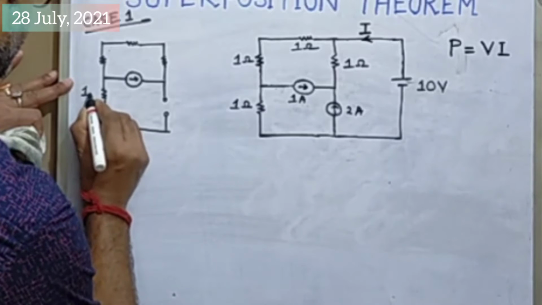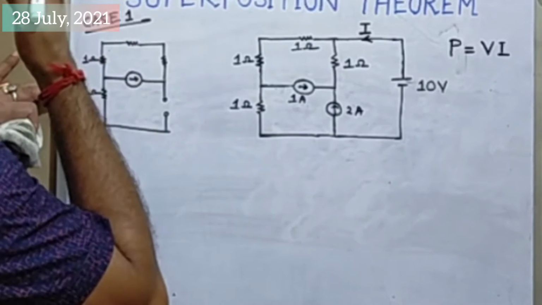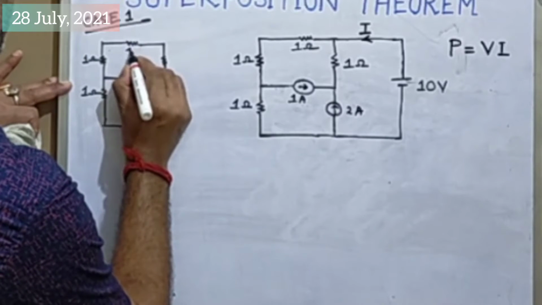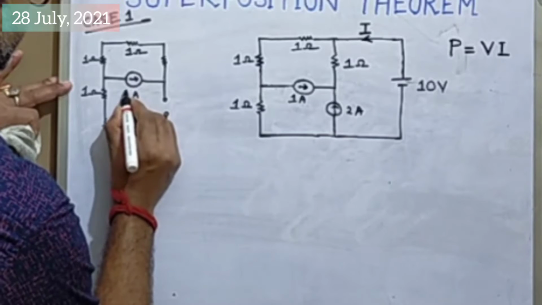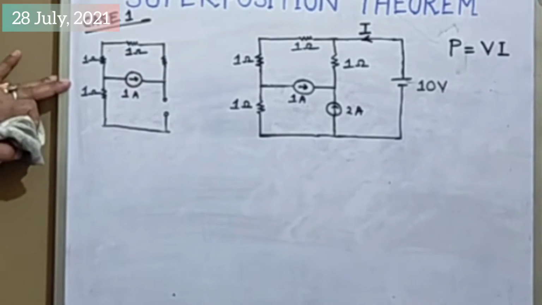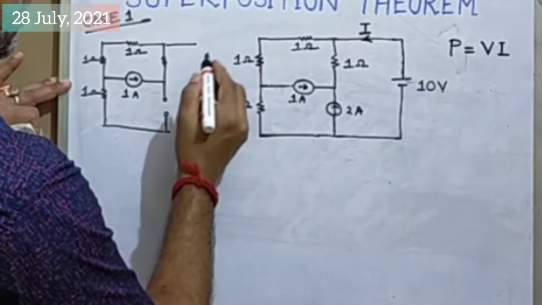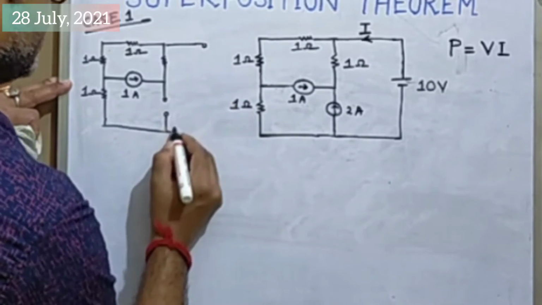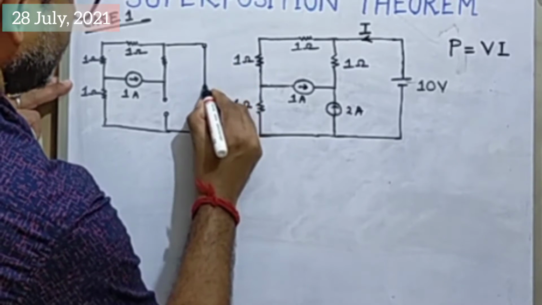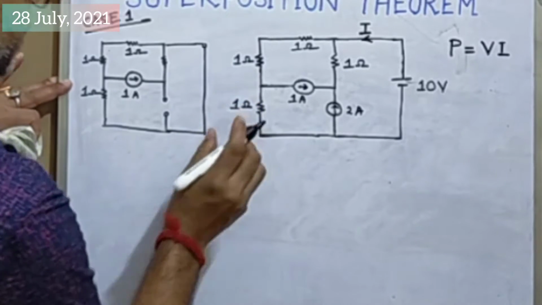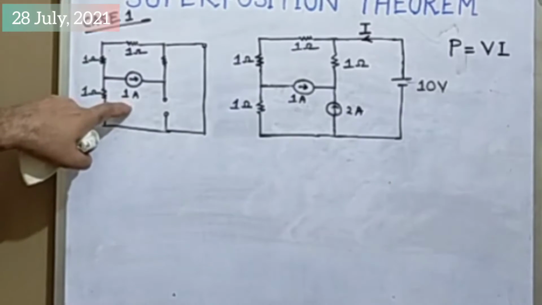So 1 ohm, 1 ohm, that is also 1 ohm, and this current is 1 ampere. That is the open circuit, and here this voltage source will be eliminated by making the circuit short. Now the only driving source is the 1 ampere current source.